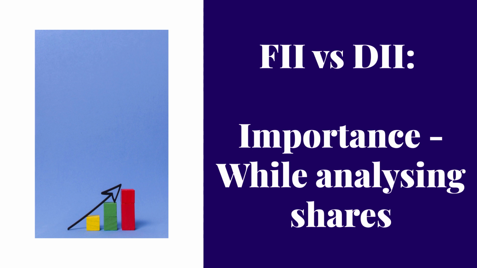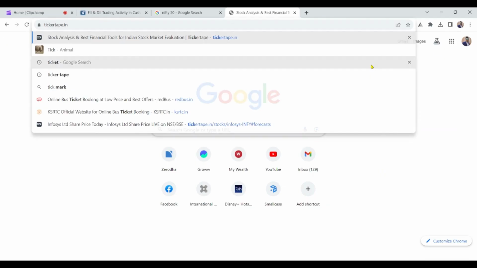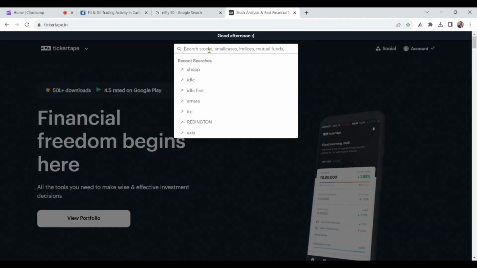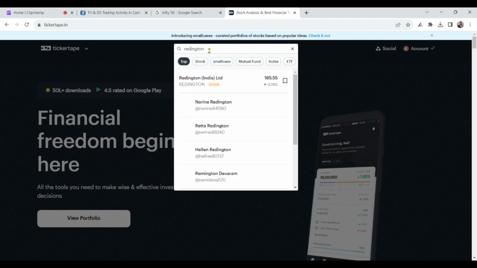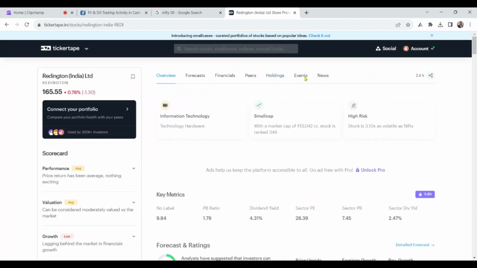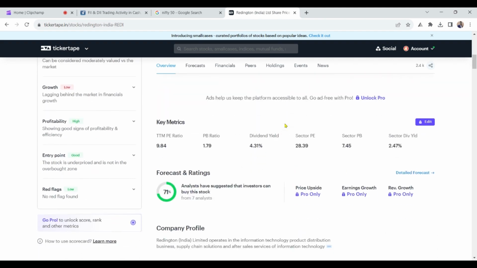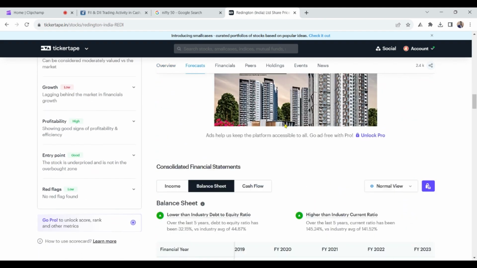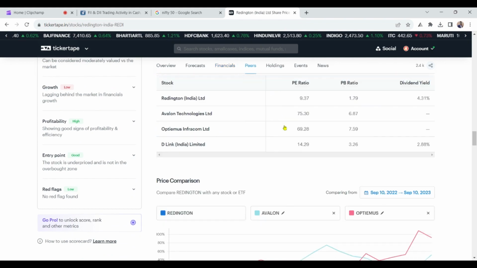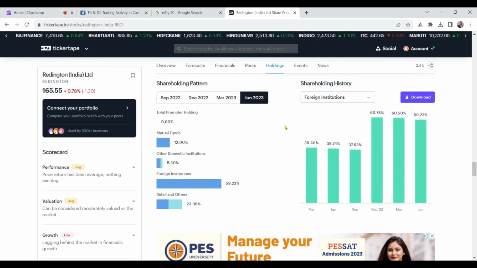So for instance, that also I will show you. Go to the Tickertape website, take a share, for example, Redington. So here you can scroll down and see the holding here. If you see here, the FIIs have almost 60 percent holding in this share, and DIIs also have 5.5%, which is a huge amount.